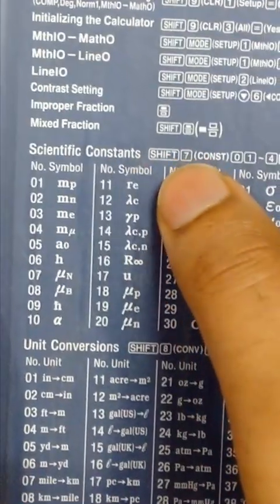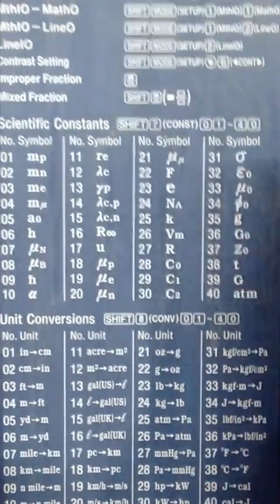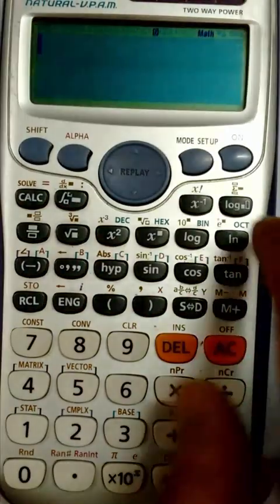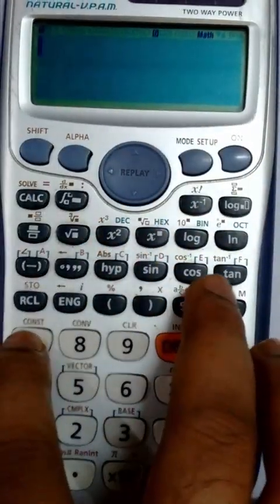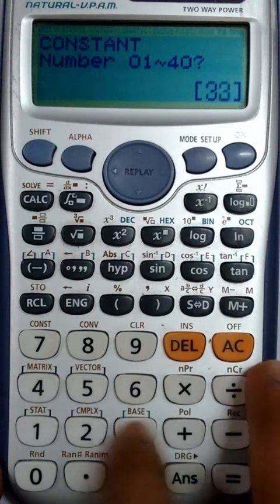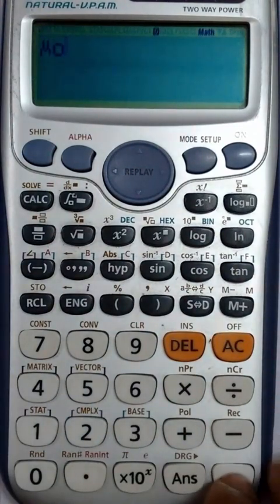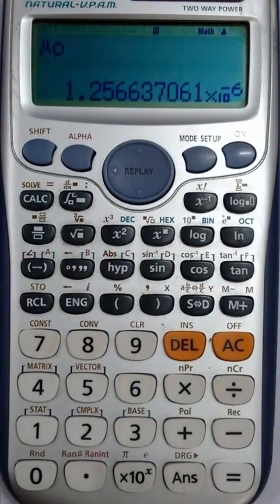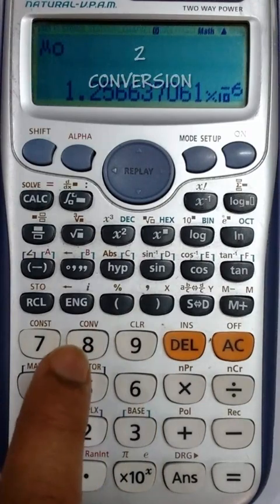You can see Shift 7, constant 01 to 40. You have to pick one of the values. So first Shift 7, then 33 for mu0, then equals, and you get 1.2566 times 10 raised to minus 6. In this way you can use the constant button on your calculator.